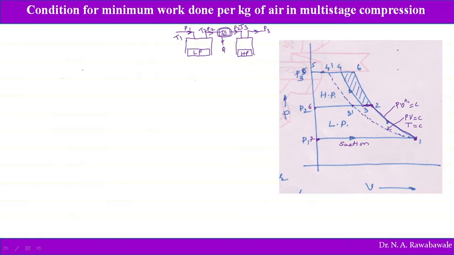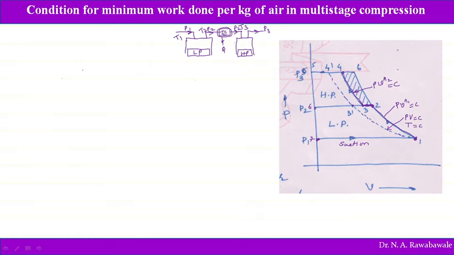Again it is passed into the high pressure cylinder, and then it is compressed from 3 to 4 following a polytropic process, PV raised to N2 is equal to constant. So N1 and N2 are different. In the LP cylinder it follows PV raised to N1 is equal to constant, and in the HP cylinder it follows the polytropic law PV raised to N2 is equal to constant.